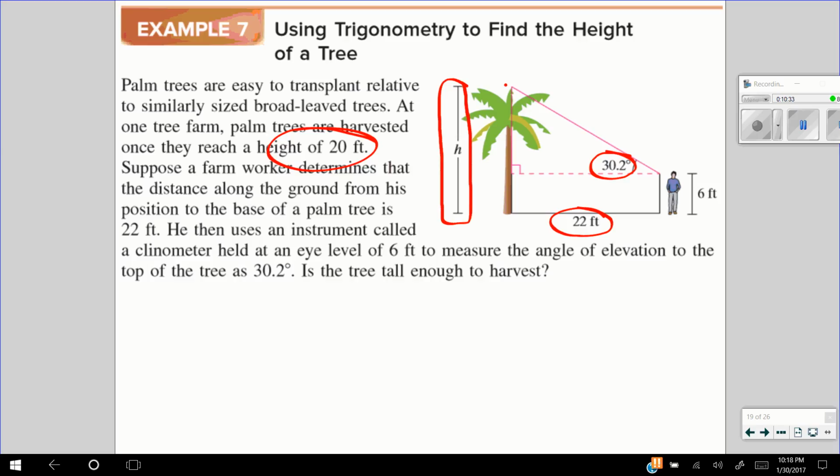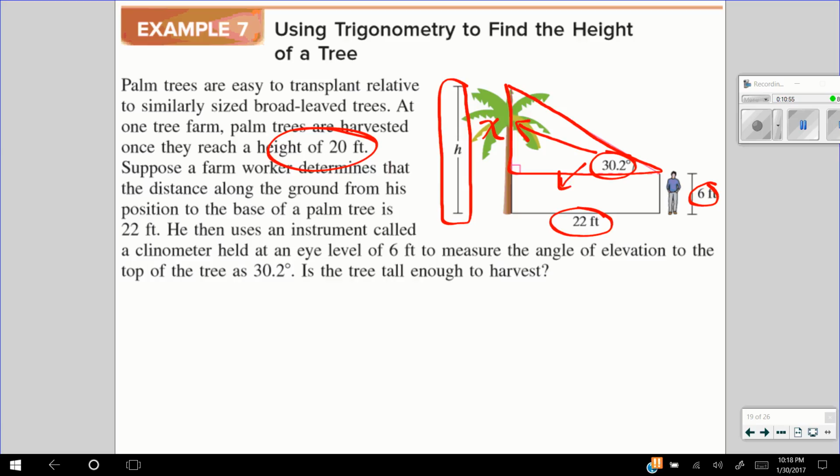Well, we're going to start by using this right triangle to solve for this value, x, because then we can add this 6 feet to it. So how are we going to do that? Well, using my 30.2, x is the opposite side. I also know the adjacent side is 22.